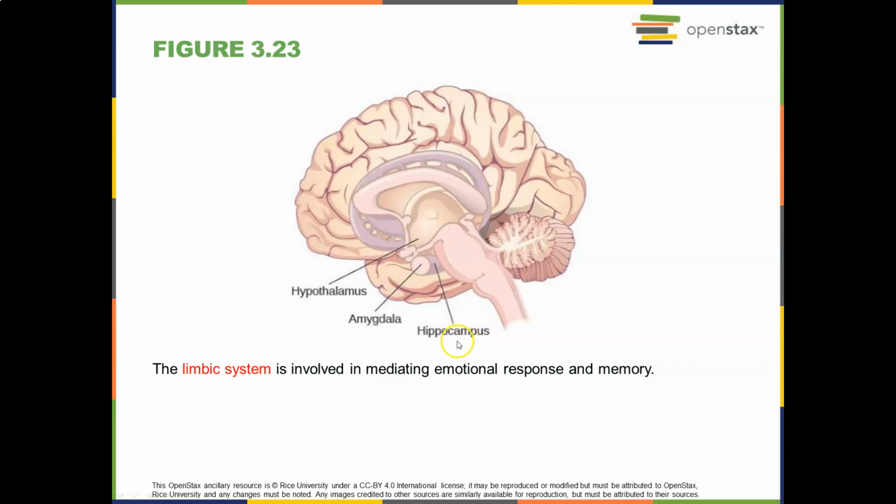First of all, the hippocampus, even though it's very small, is the part of the brain known for processing memory. If one experiences damage to that part of the brain, then one may have problems developing new memories. So the hippocampus has to do with memory.